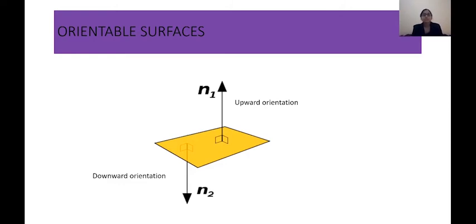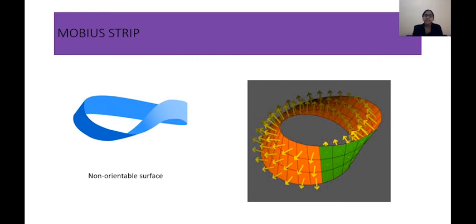The next one is an example of a non-orientable surface. You might be familiar with this terminology, Mobius strip. The form of a Mobius strip is as follows. You can see the one which is in blue color.